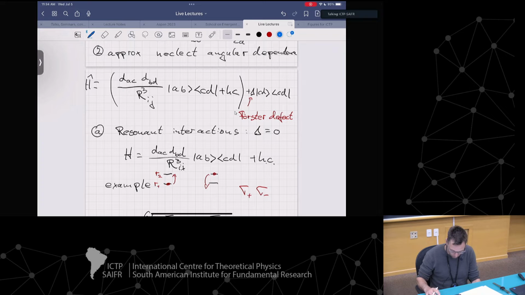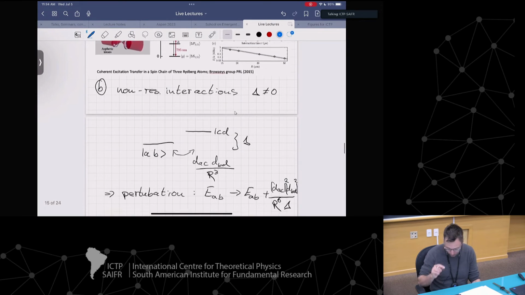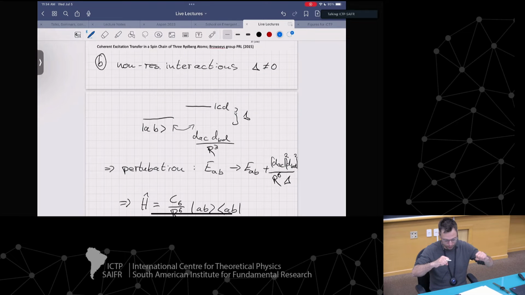But actually more commonly, you have this non-resonant regime, where you have these pair states, for example, both rubidium atoms up to the 100s state, so 100s here, 100s here, that is maybe energetically not exactly degenerate, but not too far away from maybe 99p here and 101p here, or maybe D or something.